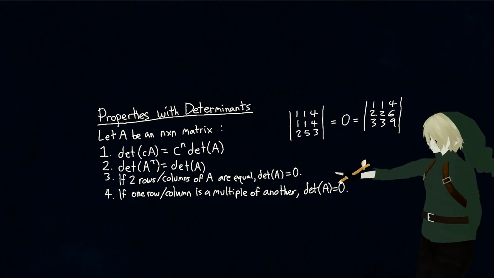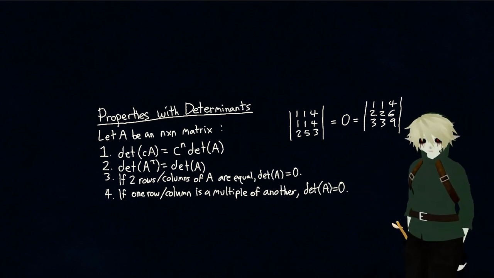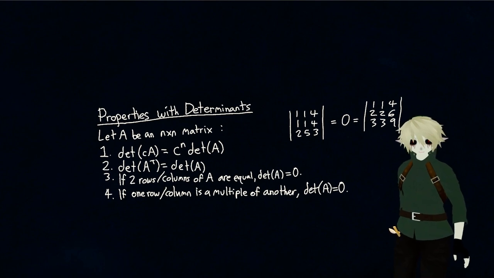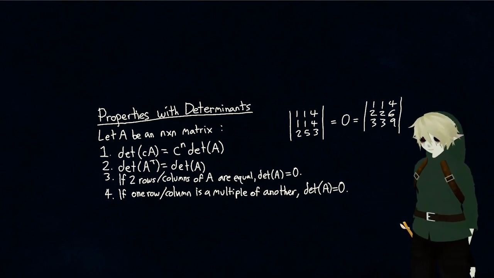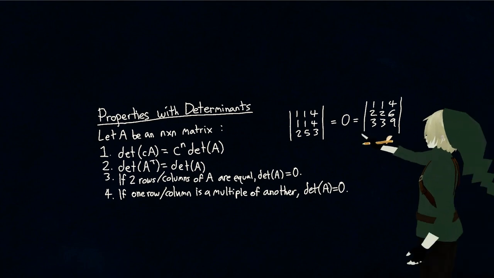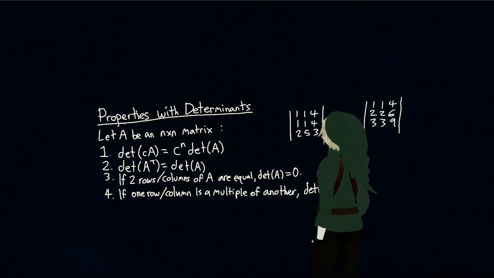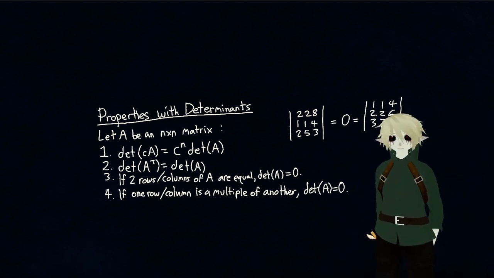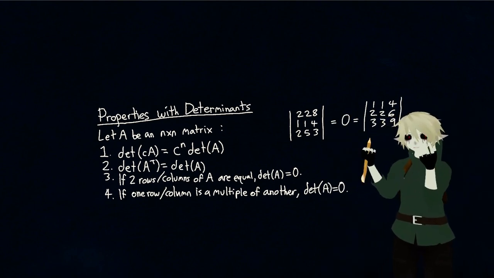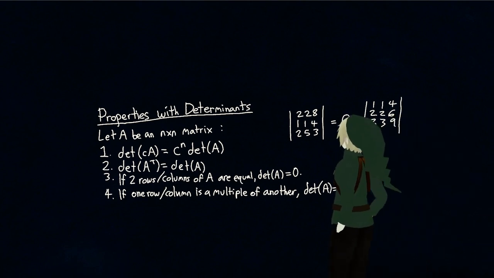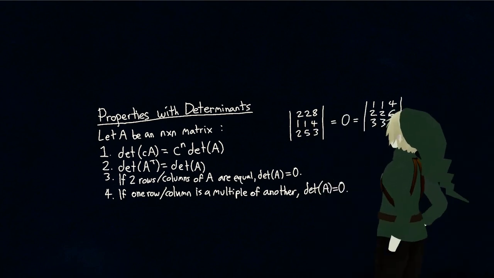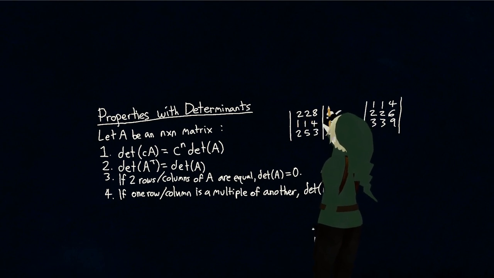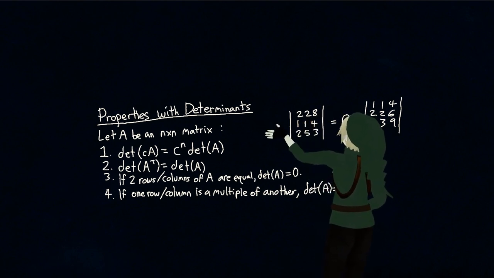Alright, so if you have one row or column that is a multiple of another, the determinant is also equal to 0, right? It's literally kind of like the same thing here, except, oh, well, let me just multiply this by like 2, right? Well, guess what? If you remember our 3 legal actions, you can factor out this, right?